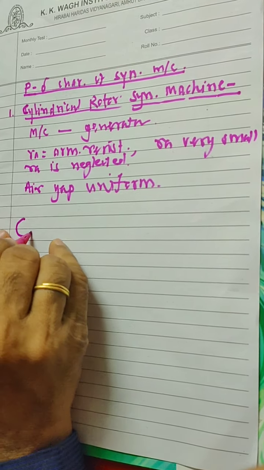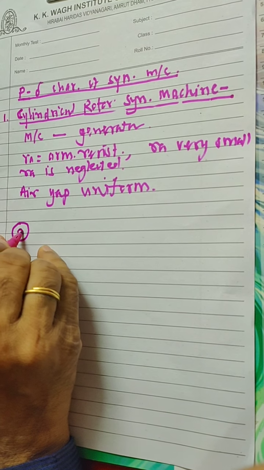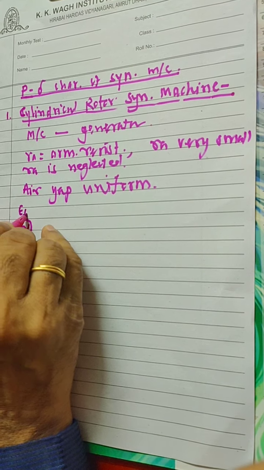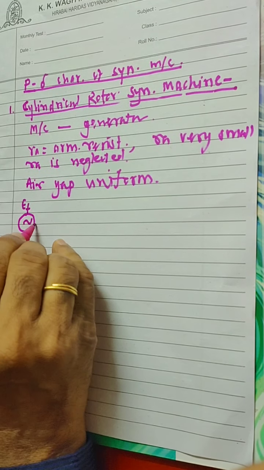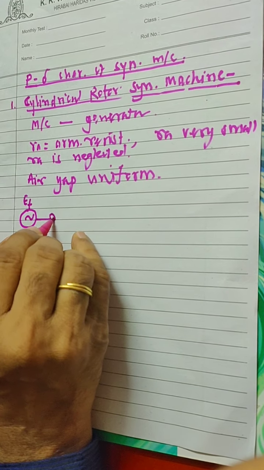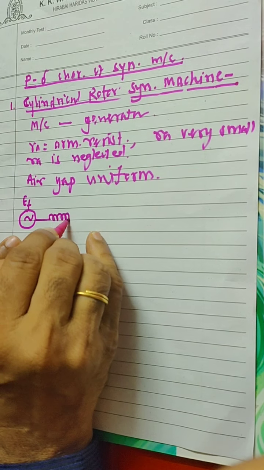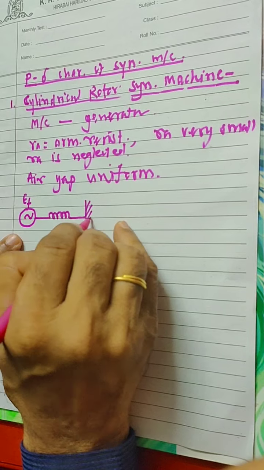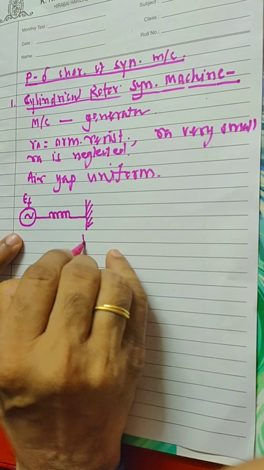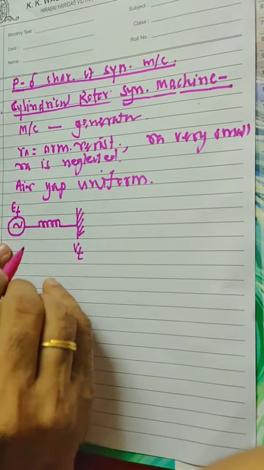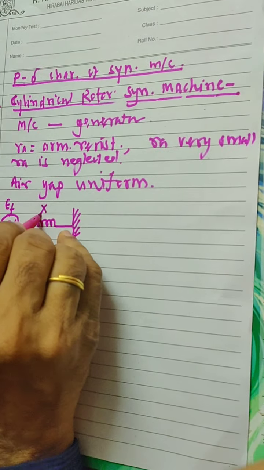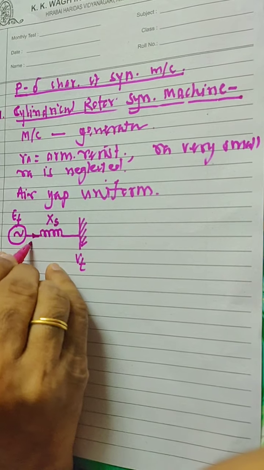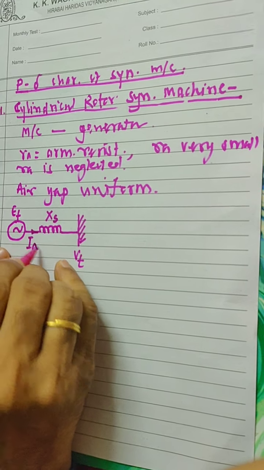Assuming that this is a cylindrical machine, its excitation EMF is Ef, its synchronous reactance is Xs, and it is connected to the infinite bus bar, where the terminal voltage is Vt and the current delivered is Ia.